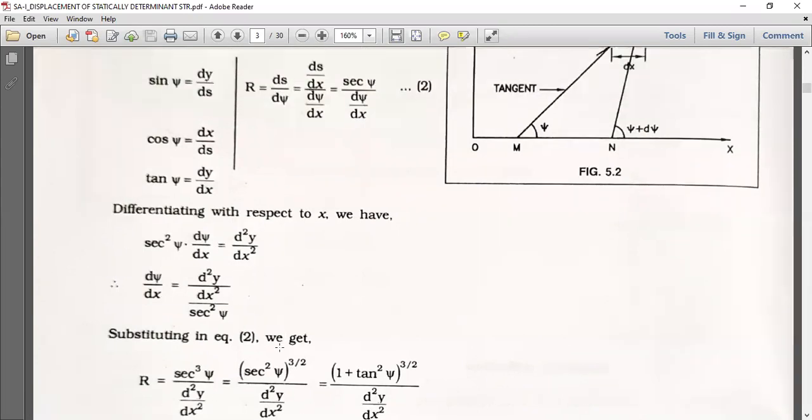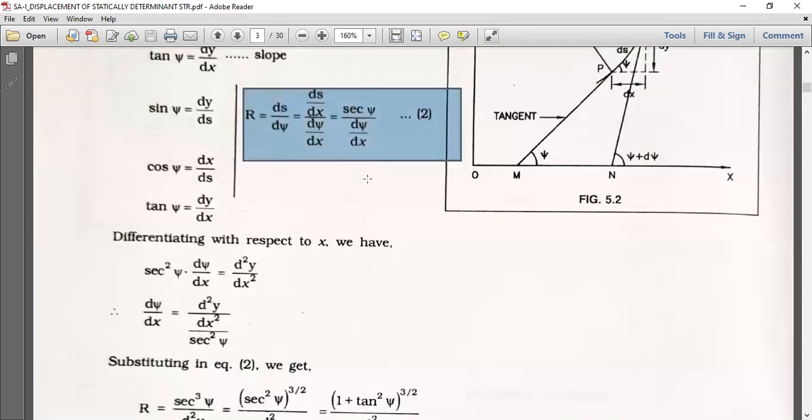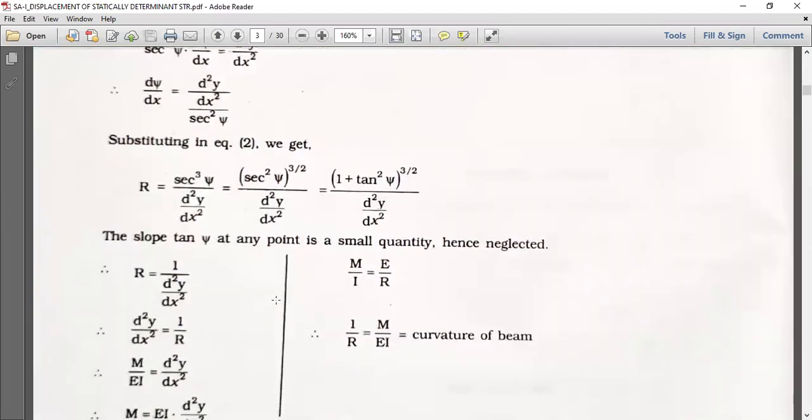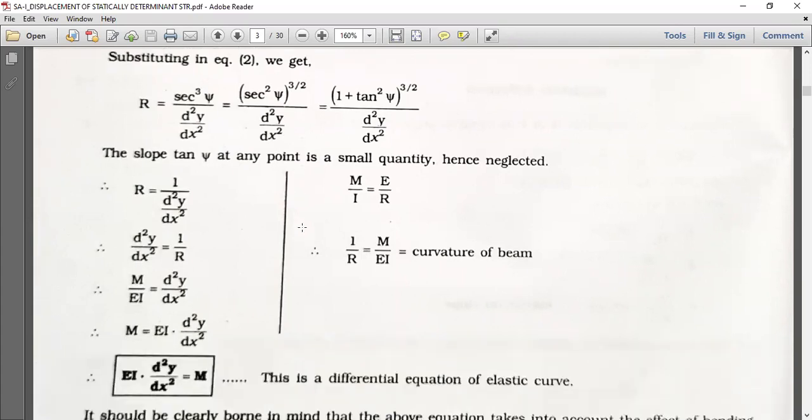Substituting equation 2, we get r is equal to sec cube psi upon d square y upon dx square, which is (sec square psi) raised to 3 by 2 divided by d square y upon dx square, where sec square psi is equal to 1 plus tan square psi. So r is equal to (1 plus tan square psi) to the power 3 by 2 divided by d square y upon dx square. The slope tan psi at any point is a small quantity, hence neglected.